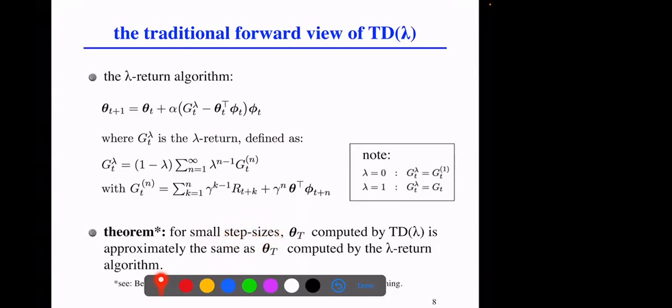That's one limitation, and that's something we're going to try and correct in the rest of the slides, and that's what true online temporal-difference learning is about. The other limitation is that the equivalence only holds at the end of an episode, for the final value.